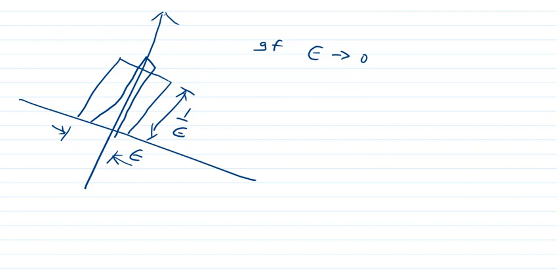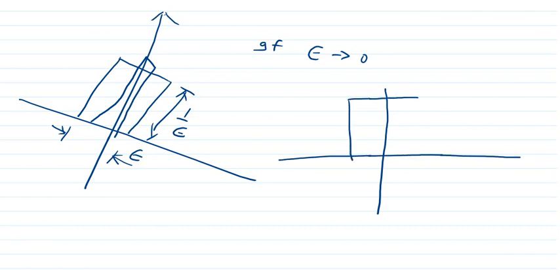Let me draw again. So this is your rectangle and you have width epsilon, you have height 1 divided by epsilon. Now you are going to reduce the width.